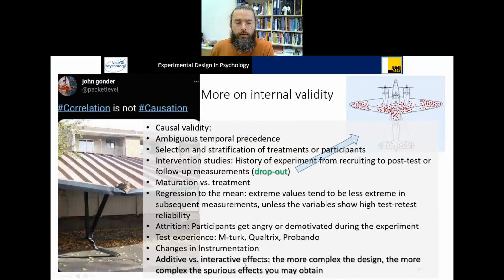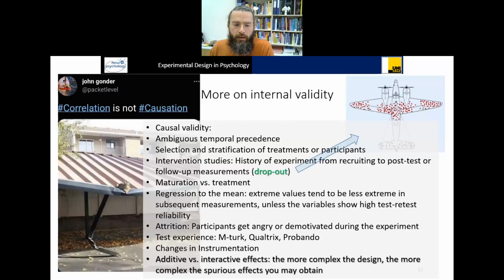And beyond that, designs which are too complex. So let's say you have 5, 6, 7, 10 different independent variables in your design, or variables you are controlling for, but not stratifying between your different experimental groups.